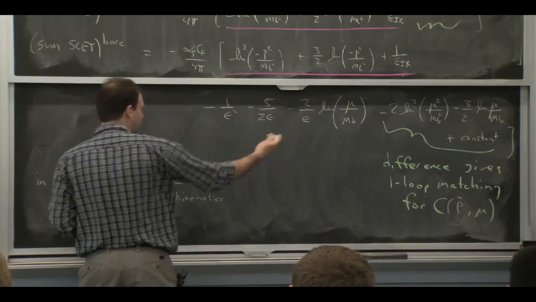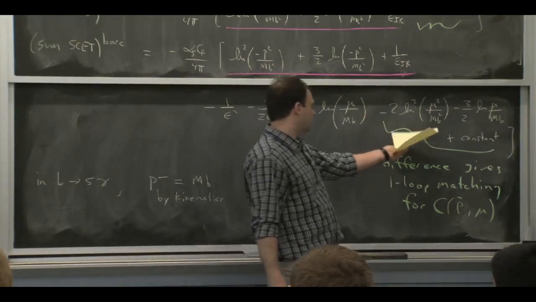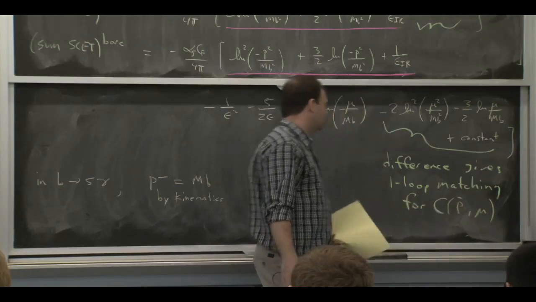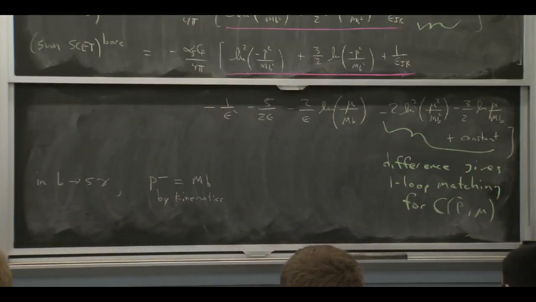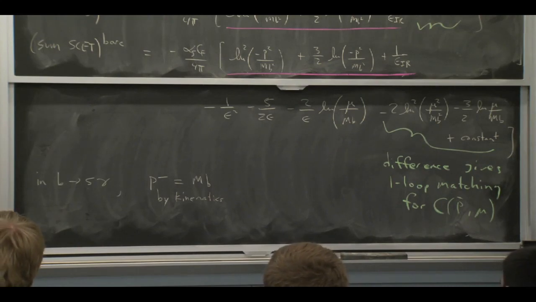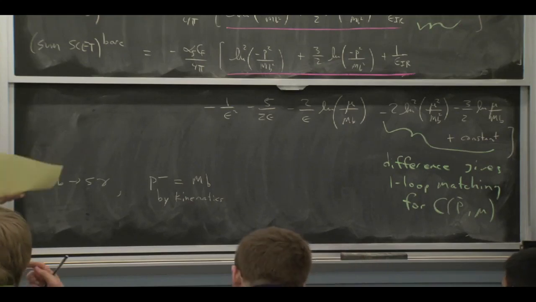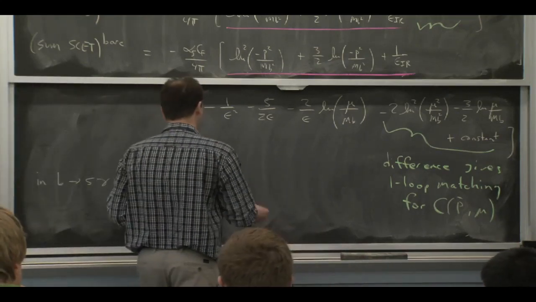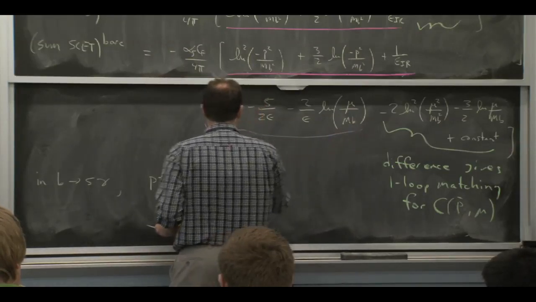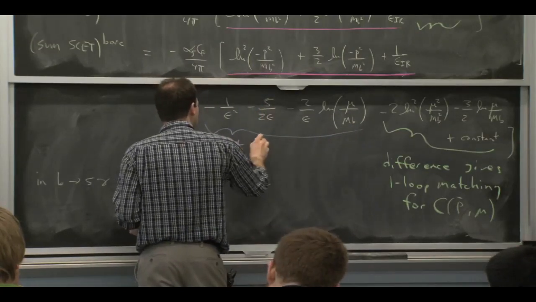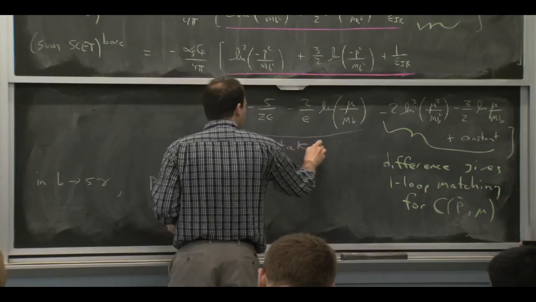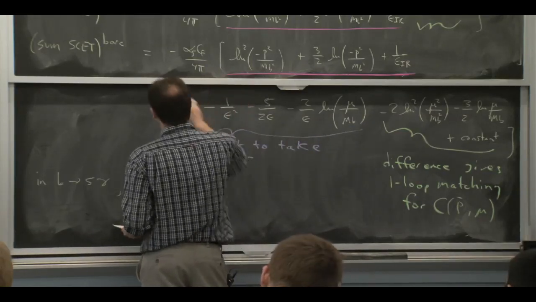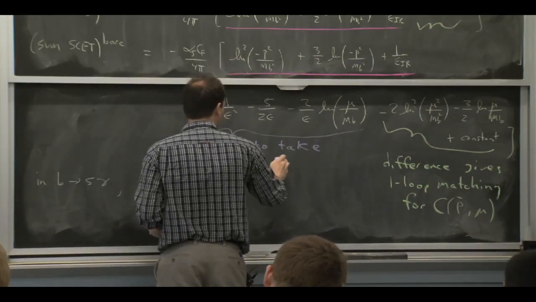So the m_b's in this result you can think of as p minuses, and that p bar that was in our Wilson coefficient is just getting set to m_b because of some delta functions that are specifying kinematics. So that leaves the 1 over epsilon terms. And what we'd like is that those terms are associated to renormalization of the effective theory, right? I wrote that the effective theory was bare.